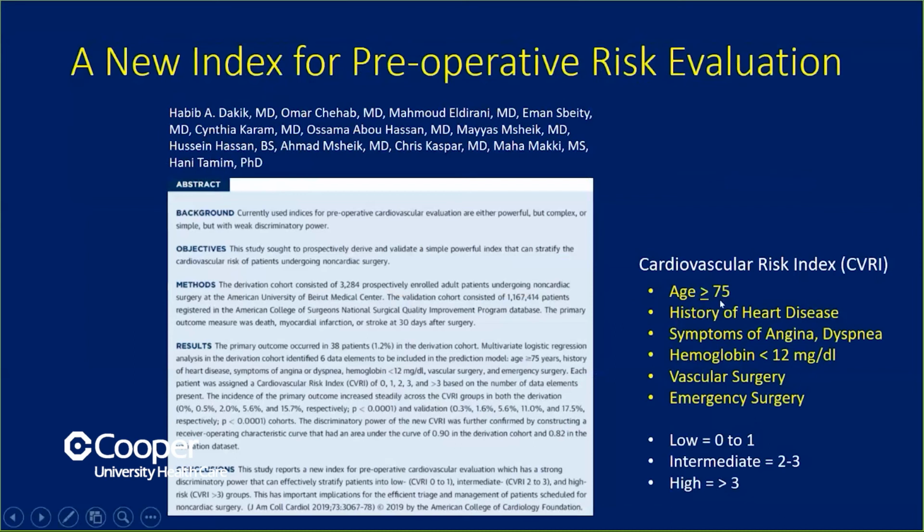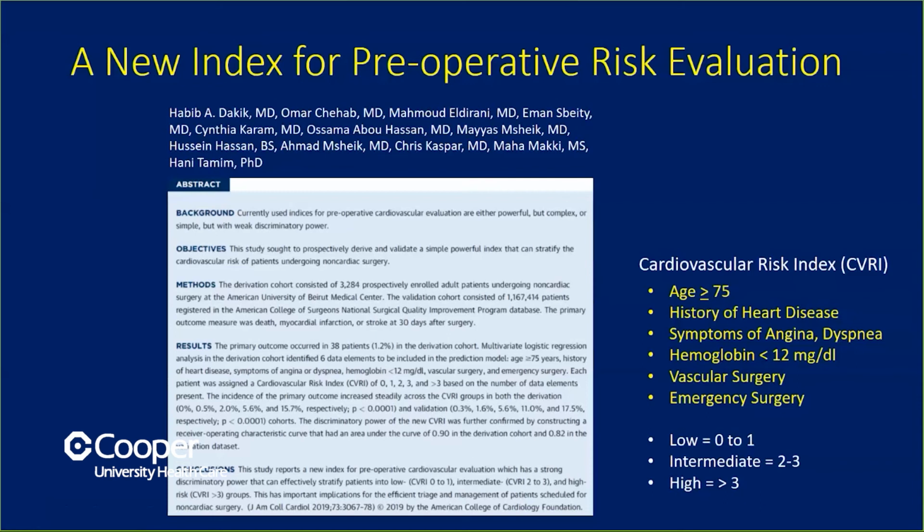If you're over age 75, this is off to the right of the slide. Over 75, history of heart disease, symptoms of angina or dyspnea, hemoglobin under 12, any kind of vascular surgery or any emergency surgery, you get a point for each of those. Low risk is 0 to 1 points, intermediate 2 to 3, high risk greater than 3. So this is the newest index, which the United States has not yet bought into.